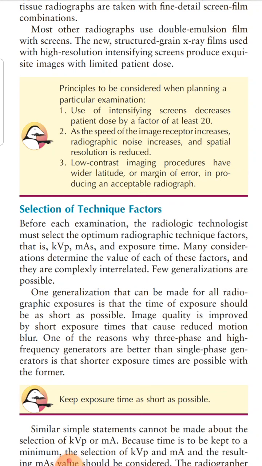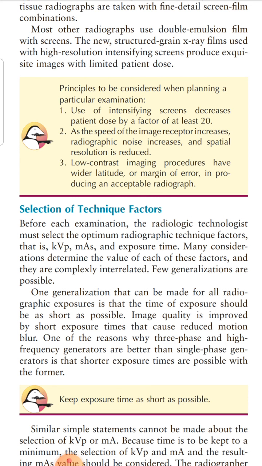Many considerations determine the value of each of these factors, and they are complexly interrelated. Few generalizations are possible. One generalization that can be made for all radiographic exposures is that the time of the exposure should be as short as possible.